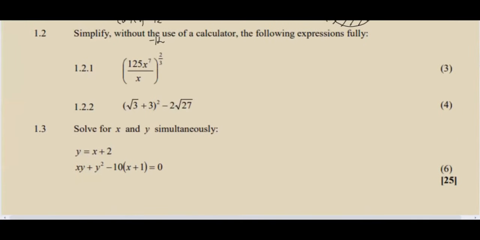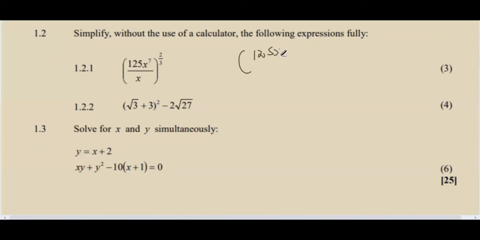Okay, let's proceed. Question 1.2 says simplify without the use of a calculator the following expressions fully. So now we are working with exponents and surds. We have 125x to the exponent of 7 over x, and then all expressed to 2 over 3. What are we supposed to do here?